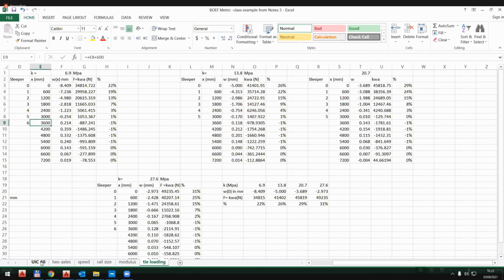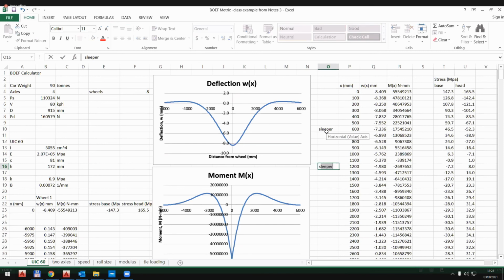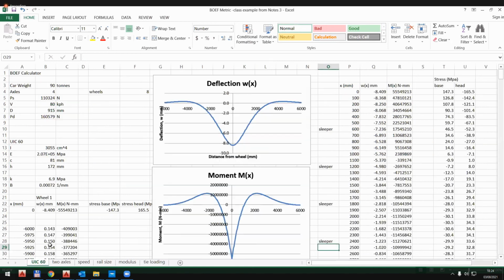So basically, if I go back to this graph, I have a sleeper here, a sleeper here, a sleeper here, a sleeper here, etc. If I want to get the loading, I have my X, and I can calculate my W of X exactly as we did over here.